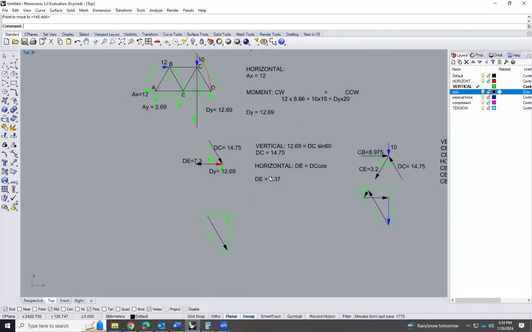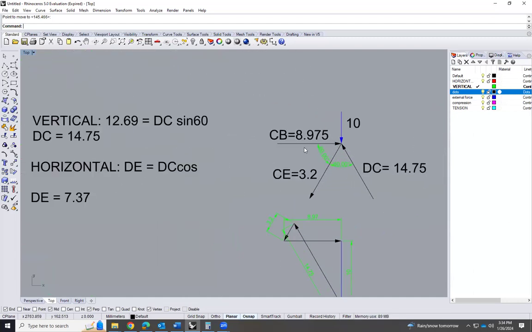CB, and CB is first. Where is it? CB is moving towards the point, and that's the value. Okay, so if it moves or if it points at this point, on the other side, it will point at the other point.